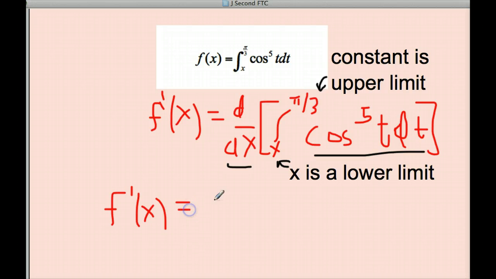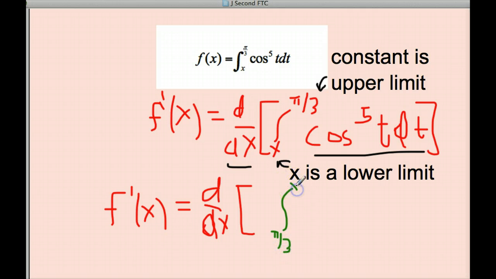So I keep everything the same, d/dx, bracket, and if I flip my limits and do pi over 3 at the bottom and x at the top, that means I need to stick a negative out front. Then I can continue with my cosine to the 5th t dt. That is allowed as long as I remember to put that negative out front.